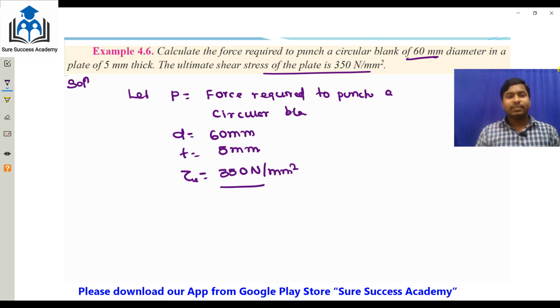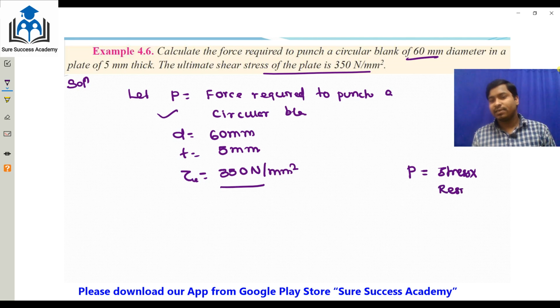So the force P is equal to stress into resisting area. You know the stress is equal to force by area, force by resisting area.